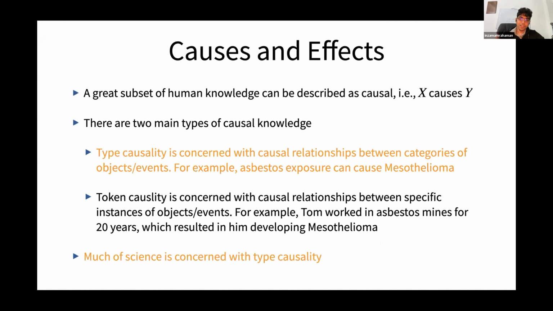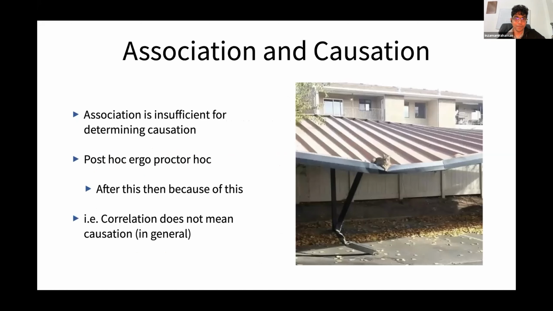And type causality can be considered, to some extent, the main and chief objective of science, in the sense that we want to build these causal models of reality that we can then use in engineering tasks to achieve different aims and objectives. So much of science concerns this type causality.